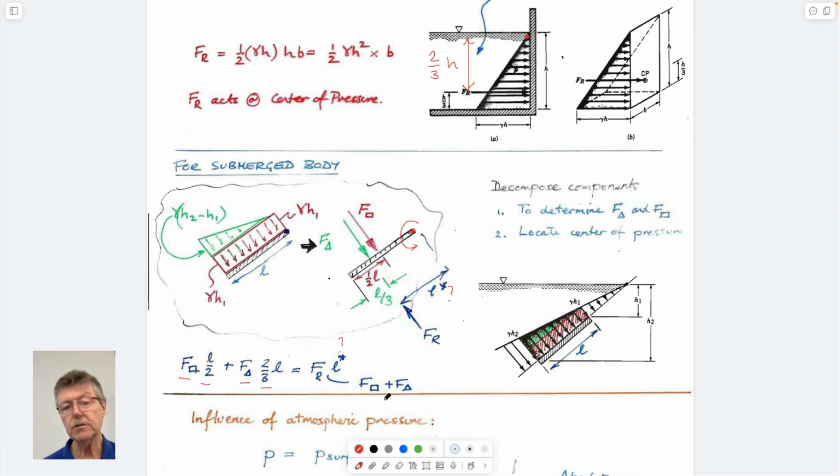You know this resultant force is just the sum of F prism and F triangle. So with all of these amounts, the only unknown is the lever arm. You'd find that the actual point of action is somewhere in between these two points. It can't be outside.